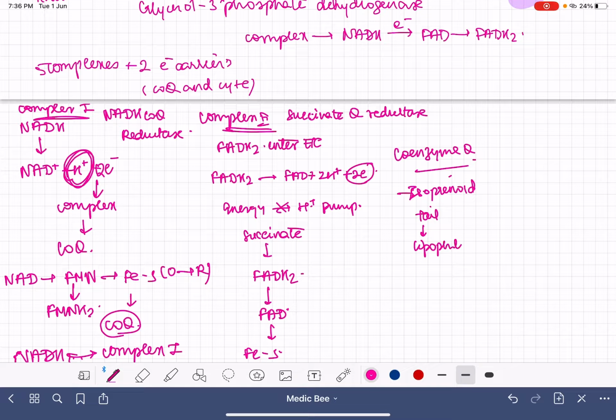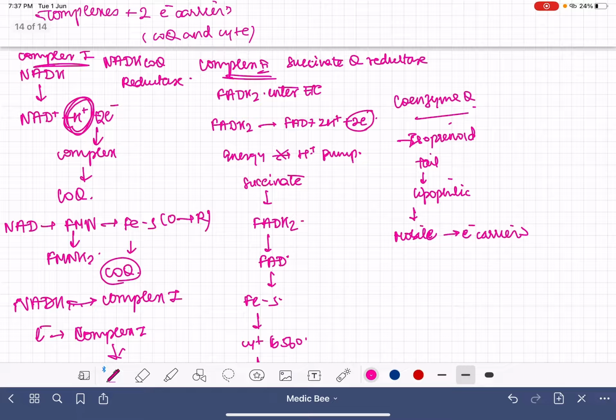As cell membranes are lipophilic, made up of lipids, these are easily mobile. They will move across the membranes easily, so they can act as electron carriers. These electron carriers will diffuse through the hydrophobic core of the membrane, and one coenzyme Q can carry two electrons.